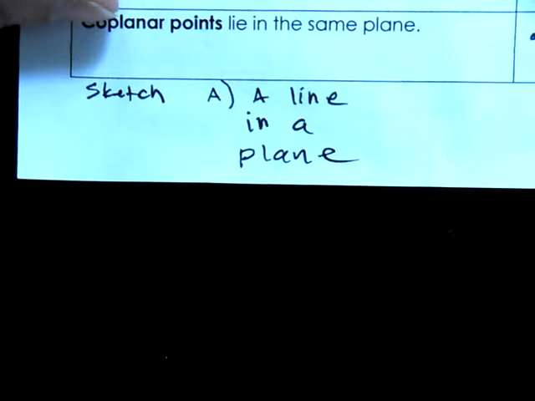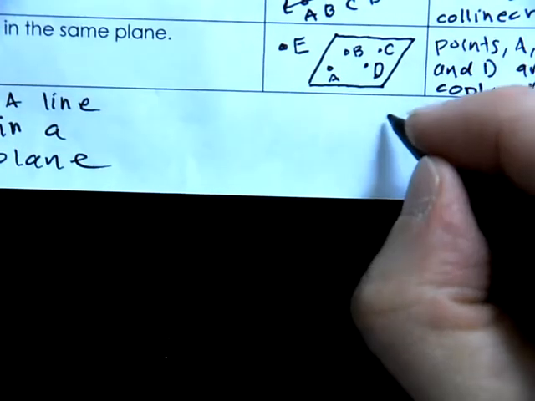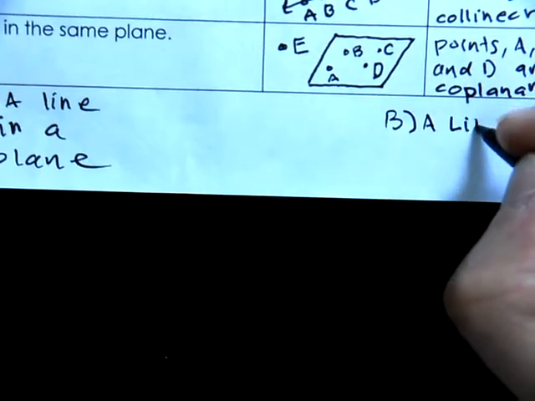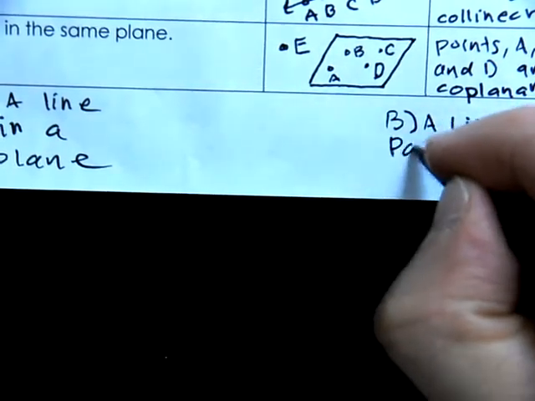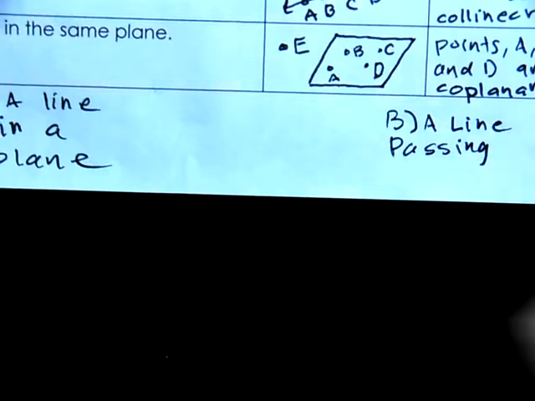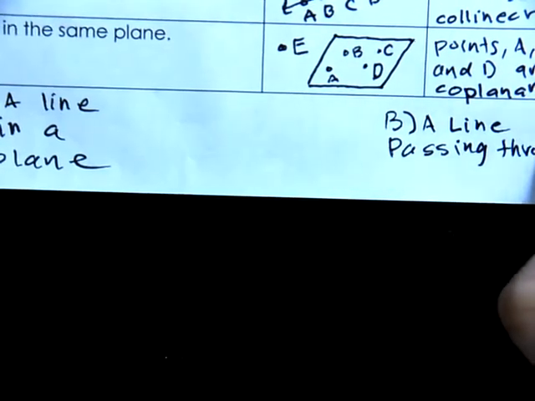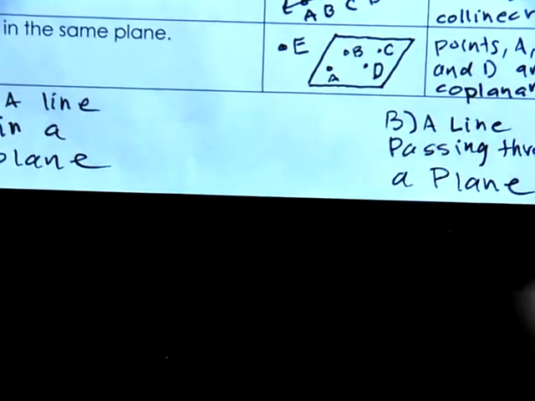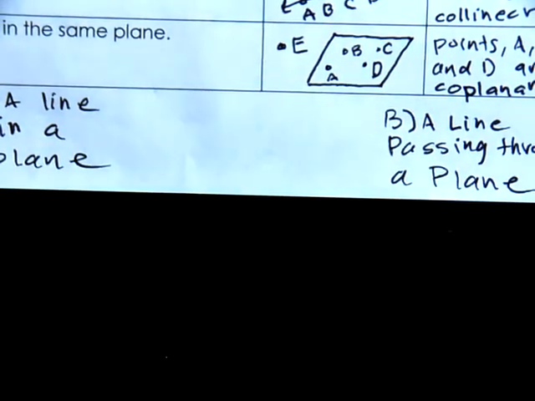I'll show you how to do that. And then secondly, how do we sketch a line passing through a plane? There are certain techniques that we've got to use to communicate that visually.